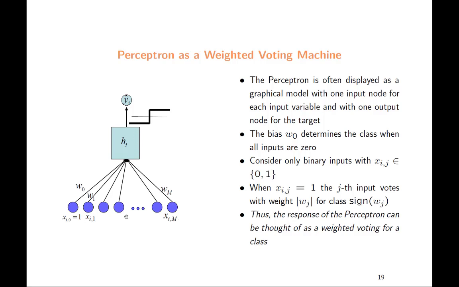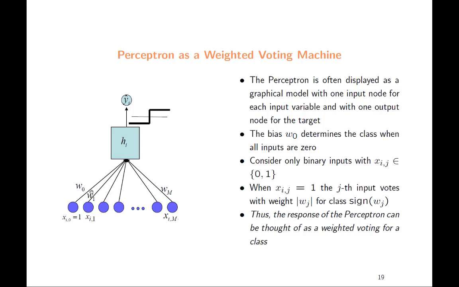But if the input is 1, the influence on h is w. So the magnitude of w you might consider the strength, the importance of this input, and it votes for an output of the sign of this w with this weight.